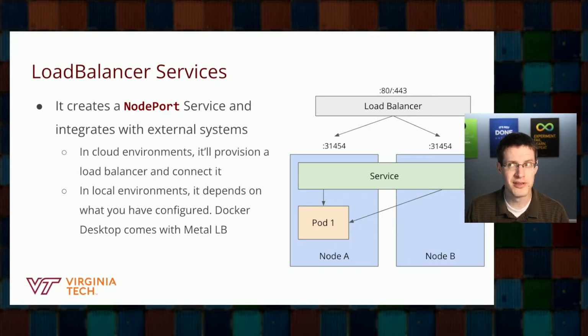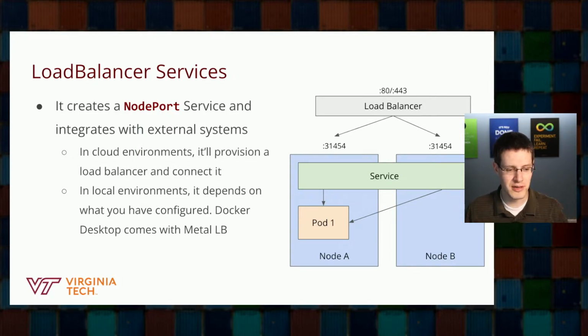That load balancer can then be listed on the standard ports 80 and 443, and it will automatically send traffic to the node port, which will then send it through the service to the pod. So the load balancer service connects with external systems and allows you to spin up other things. Obviously that works for cloud environments.